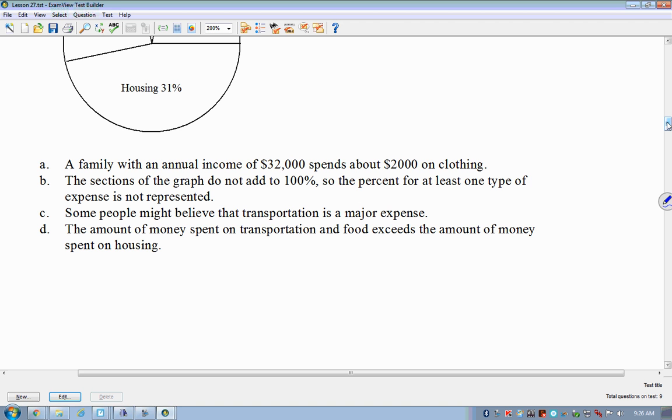That's possibly true. Some people might believe that transportation is a major expense. Well, it is for some people and it isn't for others. The amount of money spent on transportation and food exceeds the amount of money spent on housing. Well, it could, right? Different people spend different amounts of money on different things. So none of those things are misleading, but what is misleading is the fact that we don't have 100% representation. Okay.